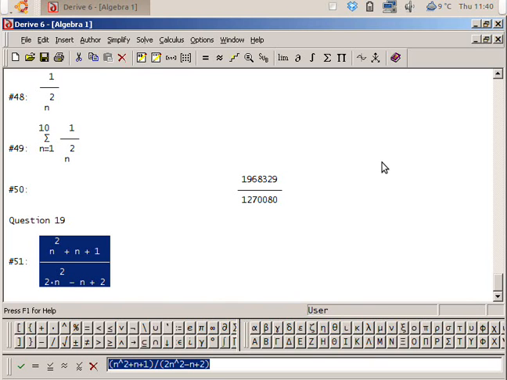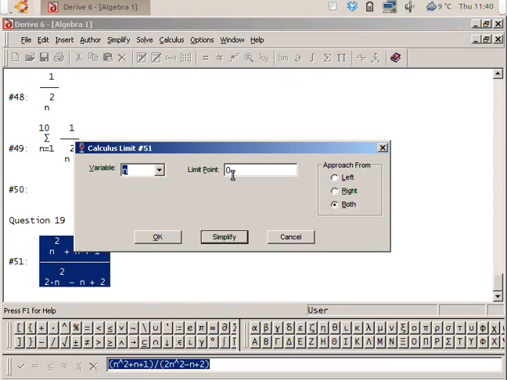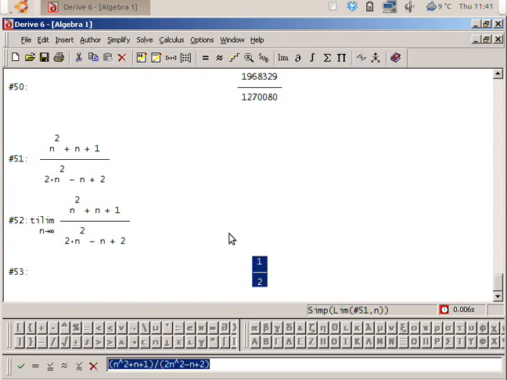And limit here is being used as a verb, meaning to make n go to infinity. So we click the lim button here for limit. And now we make n go to infinity by clicking the infinity button, which is here. And simplify. Yep. Easy peasy.